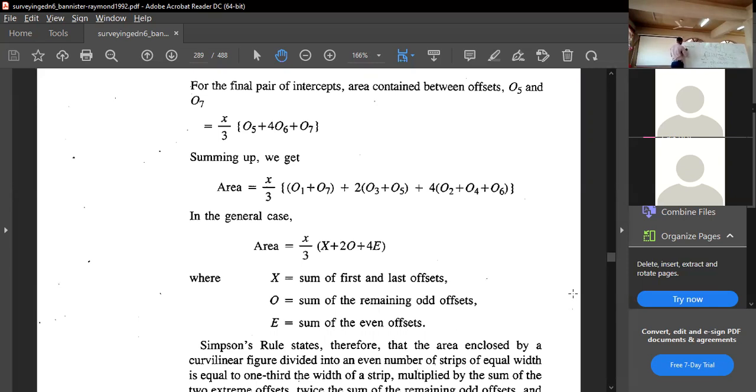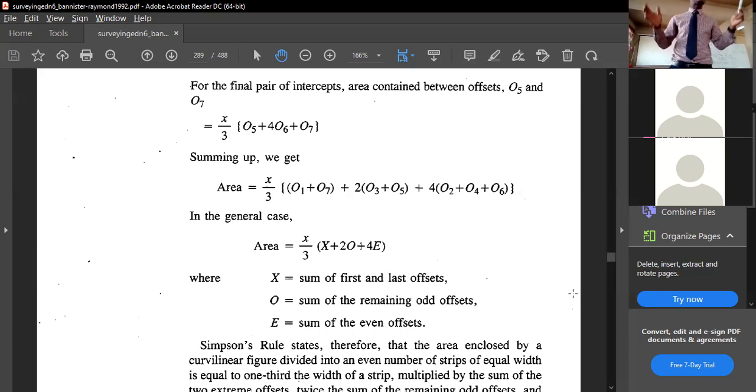It says that the area is equal to x over 3. Then we express the odd and even offsets. Okay, so x, 2, 4, x, 2, 4. If you want to remember it quickly, example x 2, 4. So what is x?